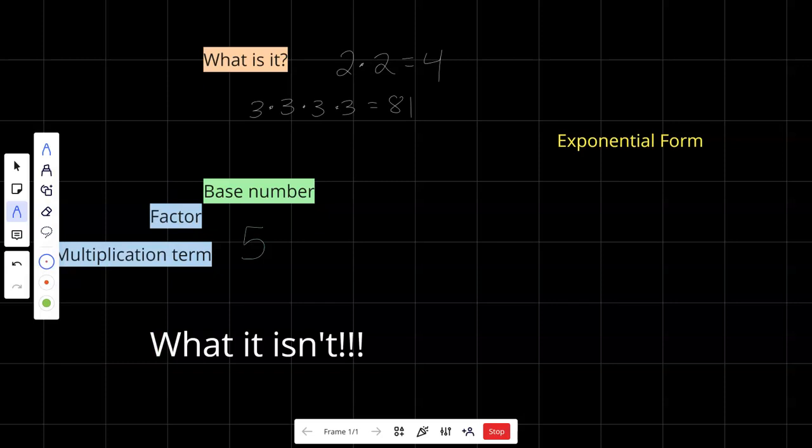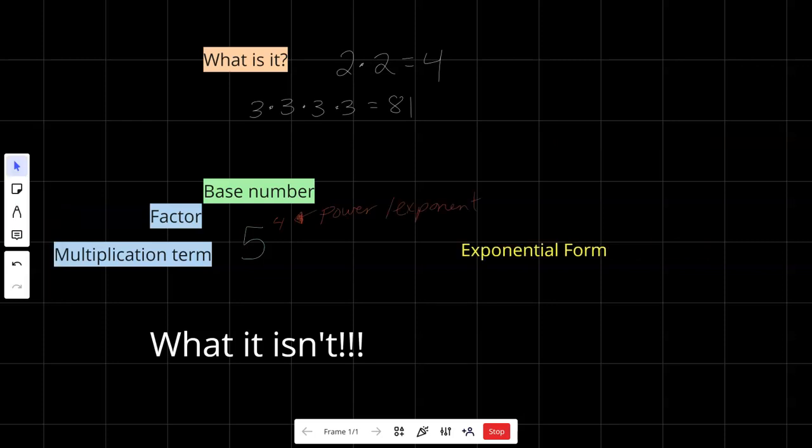Let's put 4 up here. So that is our power or our exponent. And this is the exponential form of repeated multiplication. So we have a big number, that's our base number, it's our factor, it's our multiplication term, and then we have our power or our exponent.